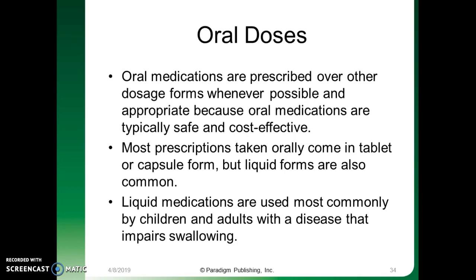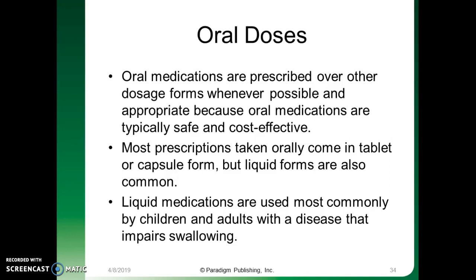Oral doses are prescribed over other dosage forms whenever possible and appropriate because oral medications are typically safe and cost effective. So again, oral medications are anything that's going to be taken by mouth, and they can come in different forms. Usually they will come in tablet or capsule, but liquid forms are also commonly available.